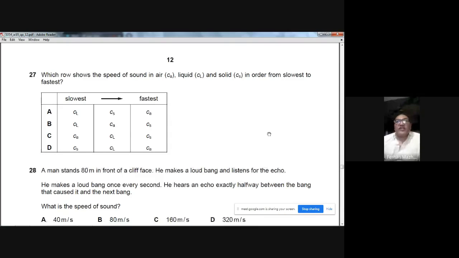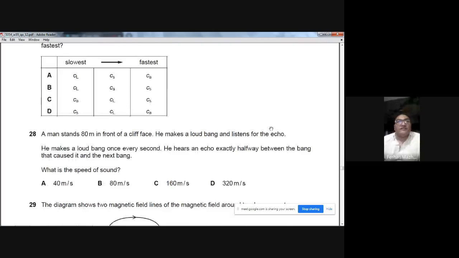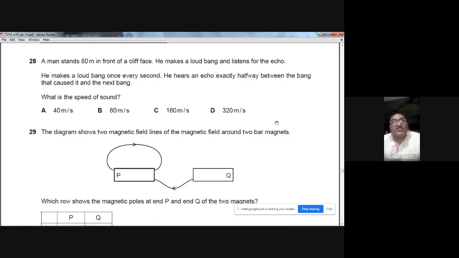Question number 28 is on your screen. A man stands 80 meters in front of a cliff face. He makes a loud bang and listens for the echo. He makes a loud bang once every second. He hears an echo exactly halfway between the bang that caused it and the next bang.